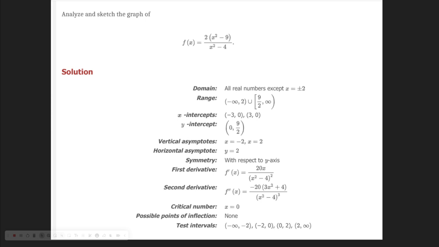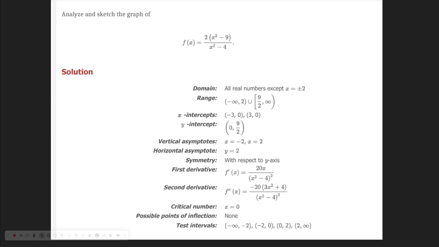You got 2 x-intercepts and 1 y-intercept. You have 2 vertical asymptotes and 1 horizontal asymptote. You have symmetry, vertical symmetry. It lists for you the first derivative and the second derivative. Notice, where's the first derivative equal to 0? Well, if the numerator equals 0, so if x equals 0, that's our critical number.